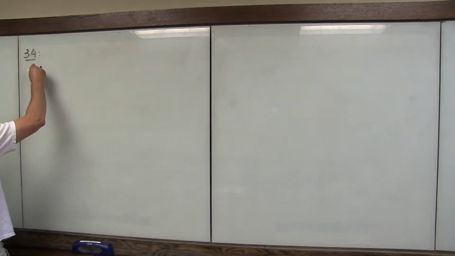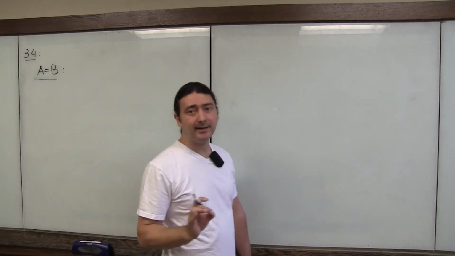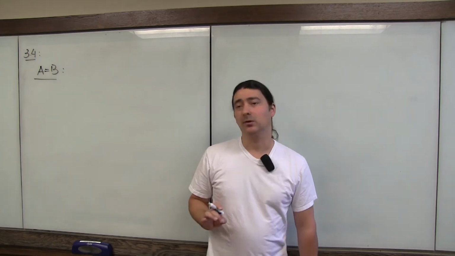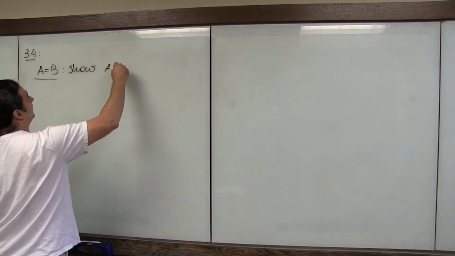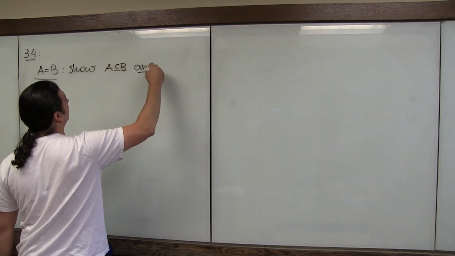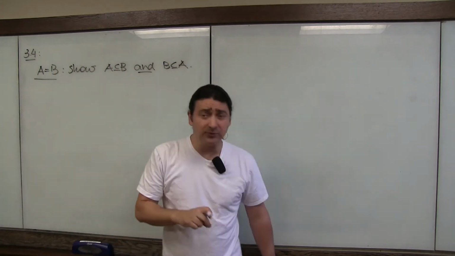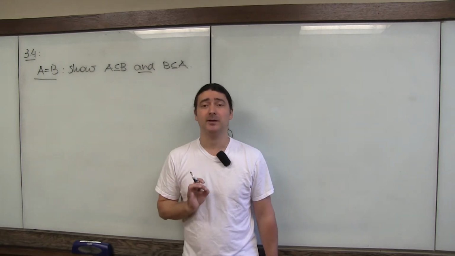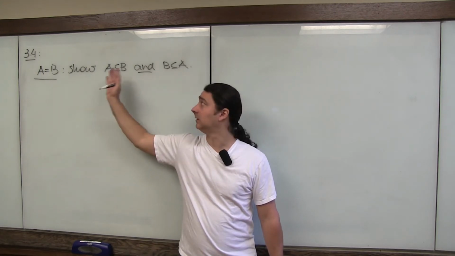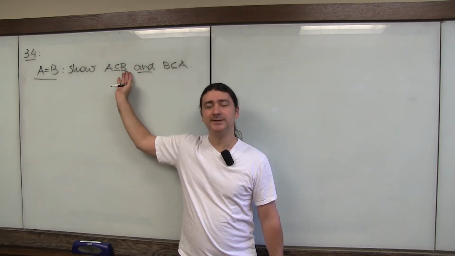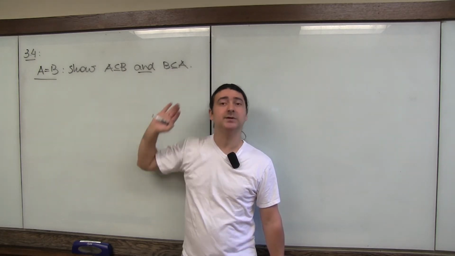If I want to show A is equal to B, the standard way to show this is to show that A is contained in B and B is contained in A. That's the sort of thing that you should keep in mind when you're proving equality of sets: breaking it into two proofs. Take an arbitrary element of the first, prove that it is in the second, and then take an arbitrary element of the second and prove that it is in the first. So it's a two-part proof.